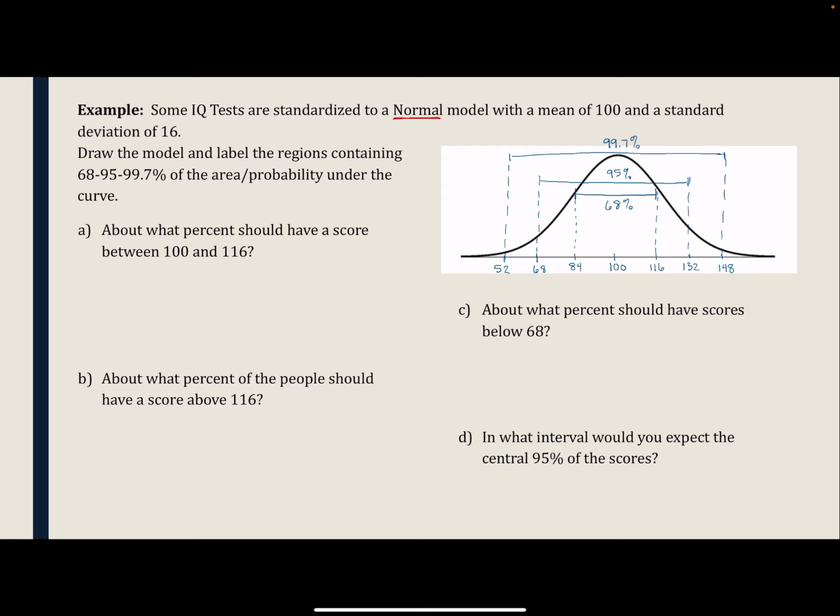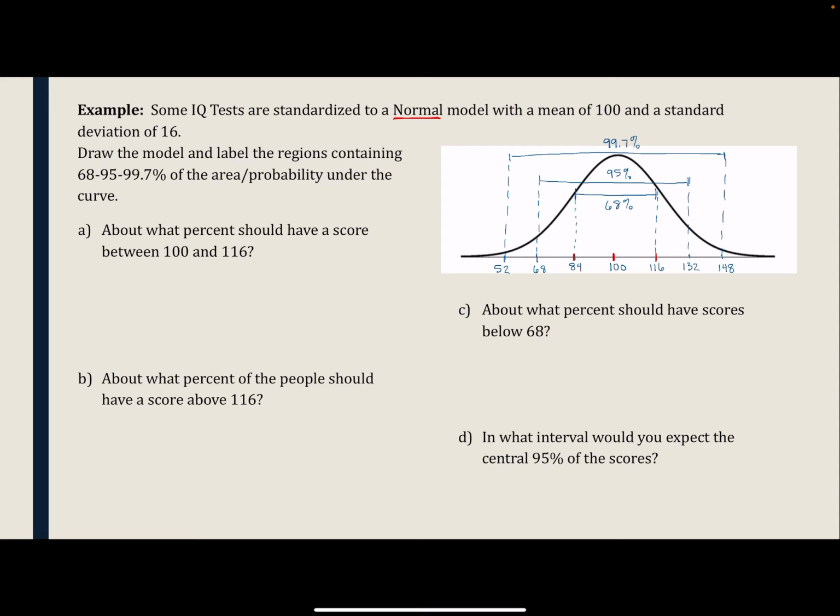But meaning that I have a distribution that's unimodal and roughly symmetric. Then the center of that is going to be the mean. And if I add the standard deviation, when I took 100 plus 16, that gave me 1 standard deviation above the mean. And when I take 100 minus 16, I get 1 standard deviation below the mean. And then I can see that 68% of the data should be within these two values.